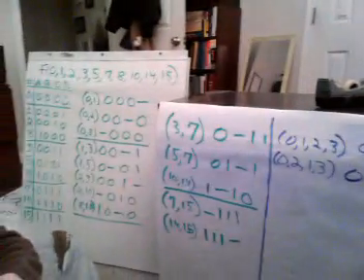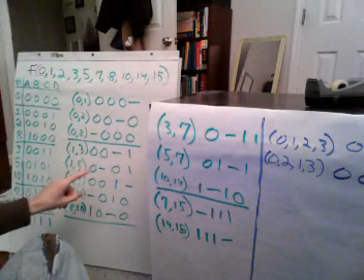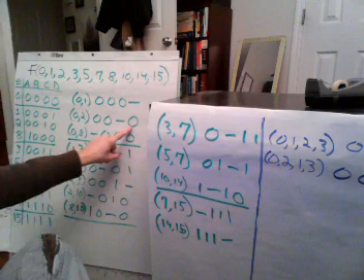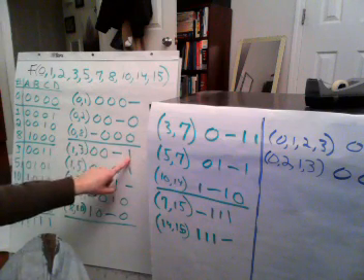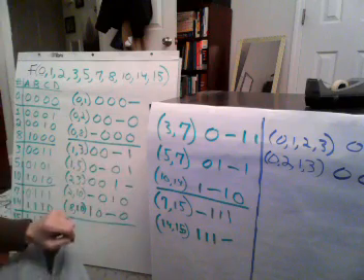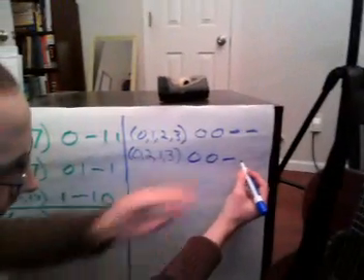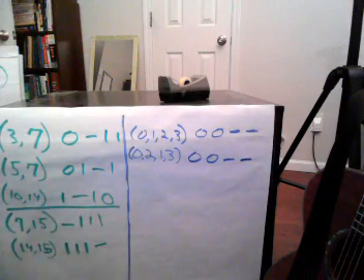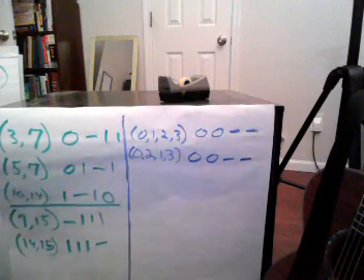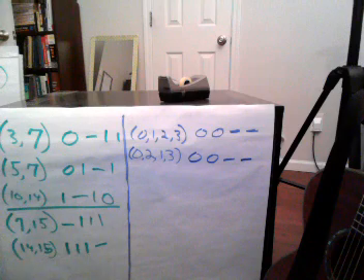And then the last column, 0 changes to 1, so we'll put a dash because it changed here. And you'll see that these two are actually equal. Just keep that in mind for now.